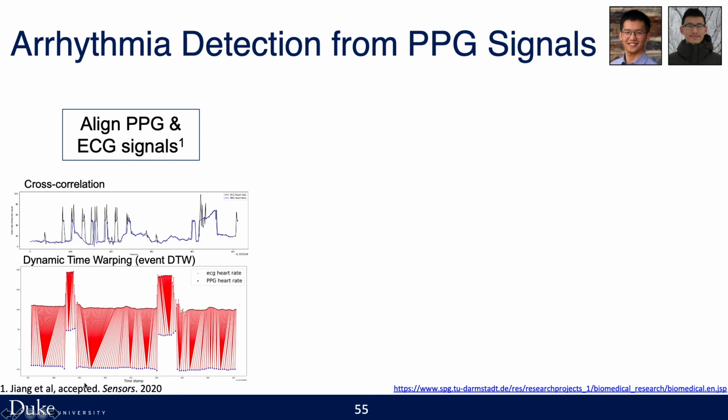And so we developed a dynamic time warping method to be able to align wearable signals based on specific events in the signals. That's helped us to compare the wearable with the clinical gold standard in a way that accurately incorporates the physiology.